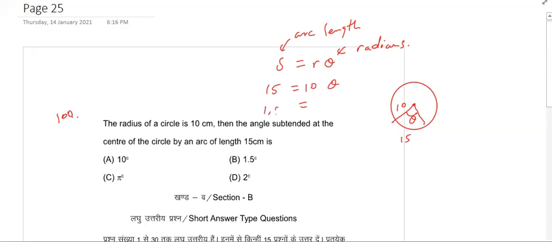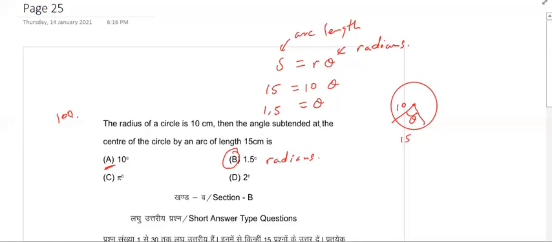So 1.5 in radians. See what we have. Is this C? Should be this one. 1.5 radians.